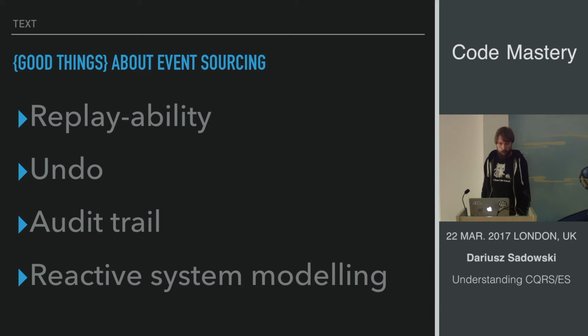Next thing, you can undo things. As we said, replayability is a list of events happening. If you remove the top event and replay things again, you will go back in time.